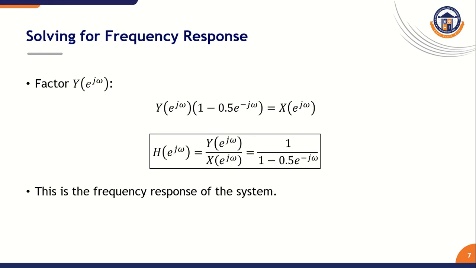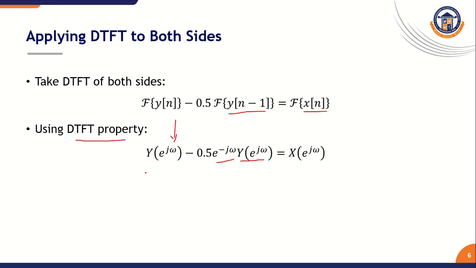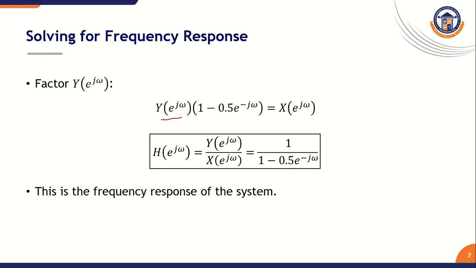After applying the DTFT on both sides, we take the common term capital Y of e power j omega, and our equation becomes capital Y of e power j omega into 1 minus 0.5 e power minus j omega equal to capital X of e power j omega.